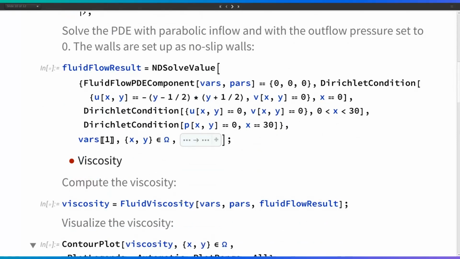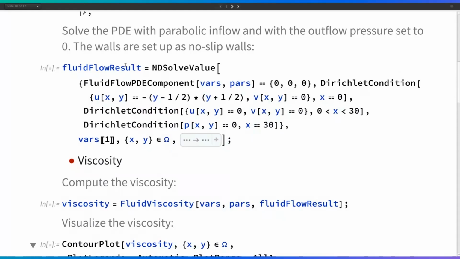Here, I would like to point out one thing. The unknowns of the equations are solved for the velocity and the pressure. So the output of the ND solve is not only the velocity, but also the pressure. So the fluid flow result features the velocity and the pressure. But the viscosity and the viscous stress do not actually require the pressure.